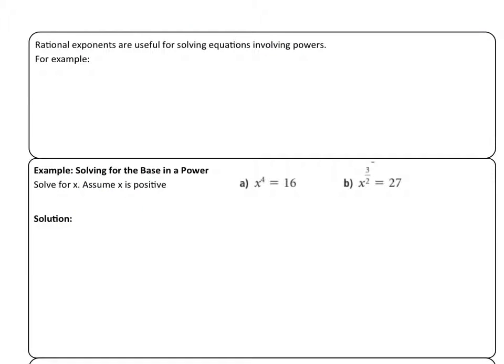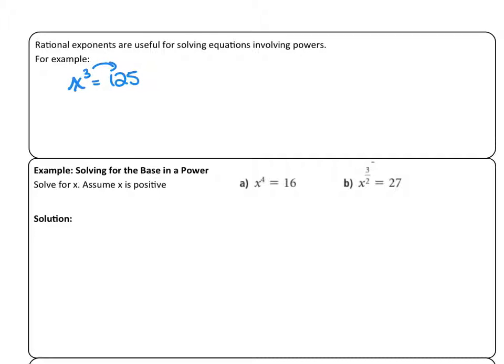Rational exponents are useful for solving equations that involve powers. So let's say we had x cubed equals 125. What you're going to do is move that cubed over to the other side.